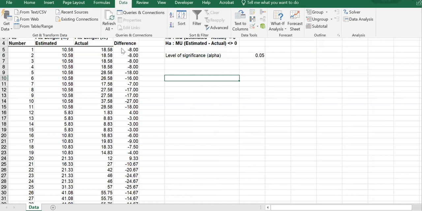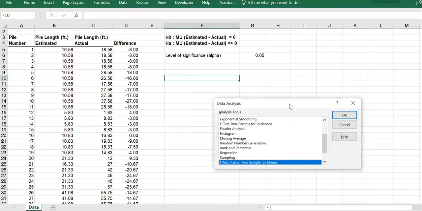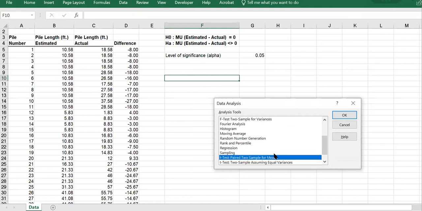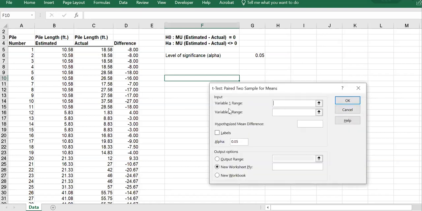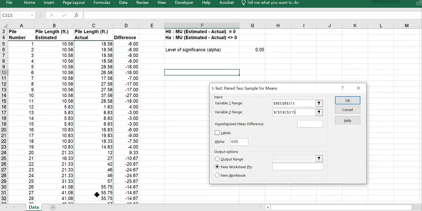All right, so let's go ahead and use the t-test for the mean when we have paired samples. I'm gonna go to data tab, data analysis, t-test paired two sample for means. So this is what I'm gonna use. Variable one range is gonna be the estimated column. Variable two range is gonna be the actual column, C5 to C315.